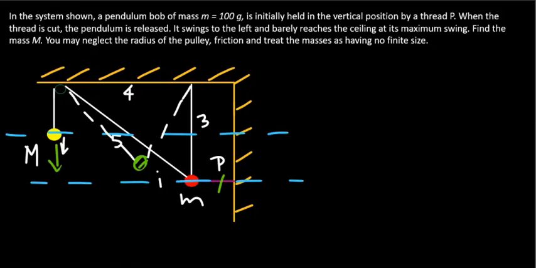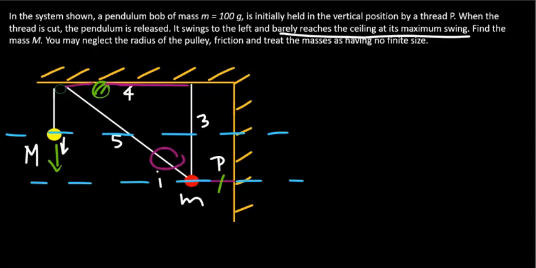And this happens until this little m gets to that location, because we are told that it barely reaches the ceiling at its maximum swing, so pretty close to the ceiling. So what that means is that 3-meter rope, or the string it connects, would be like that, and this part of the string would be the balance, like that.